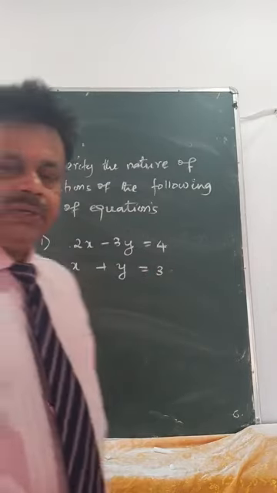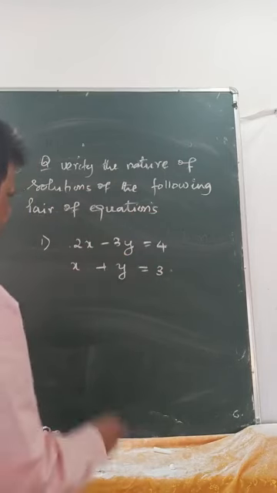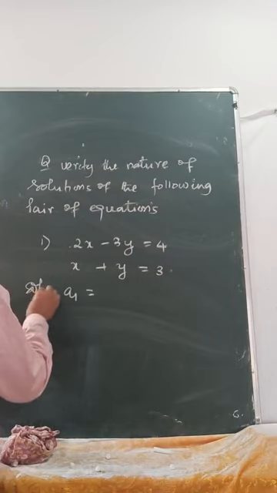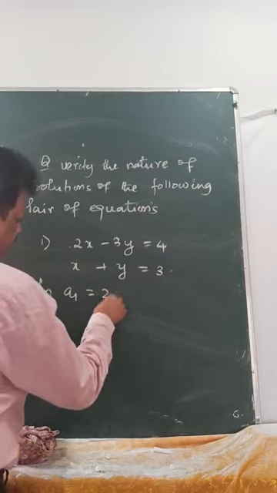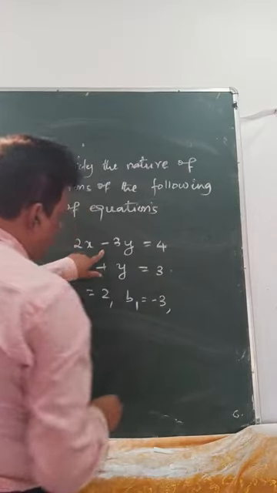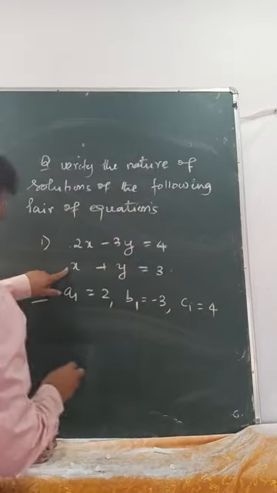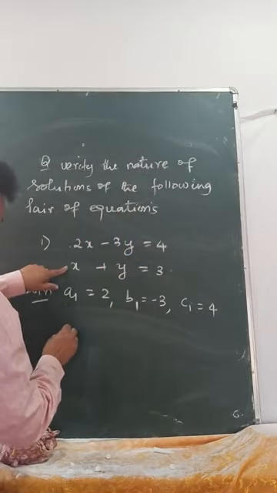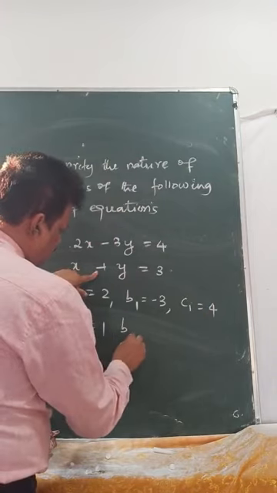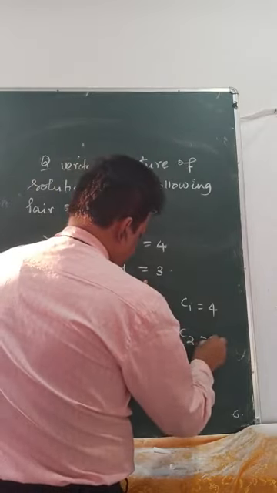So what you have to do is find out a1, b1, c1. a1 is 2, b1 is minus 3, c1 is 4. a2 is 1x, so 1. b2 is also 1, then c2 is 3.